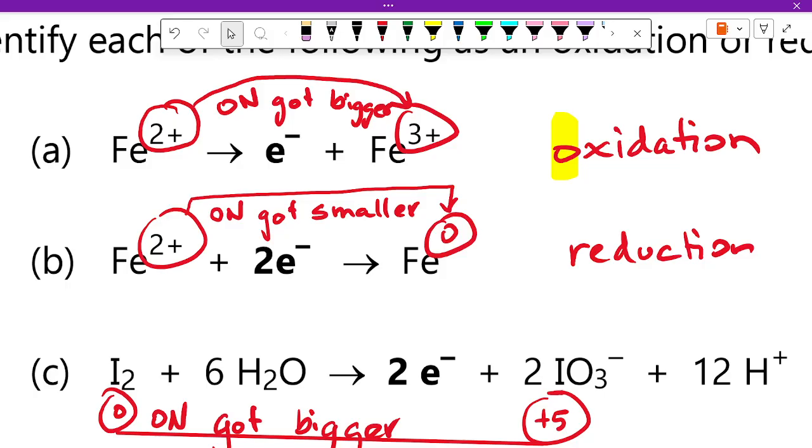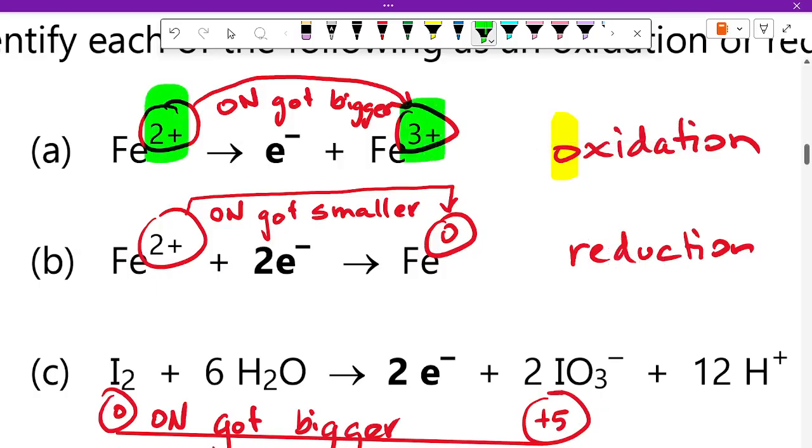in half reactions. Because just like you can't have atoms appearing out of nowhere or disappearing, matter has to be conserved, charge also has to be conserved. So whatever your overall charge is in the reactants, it has to be the same as the overall charge in the product. So if we look at the first one in A, we have 2 negative on the left.